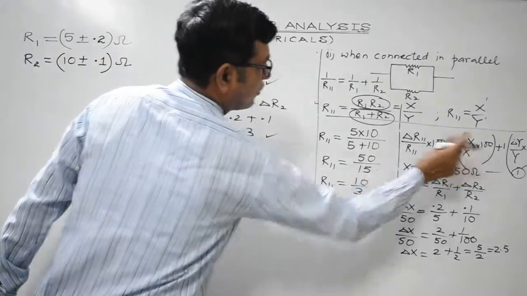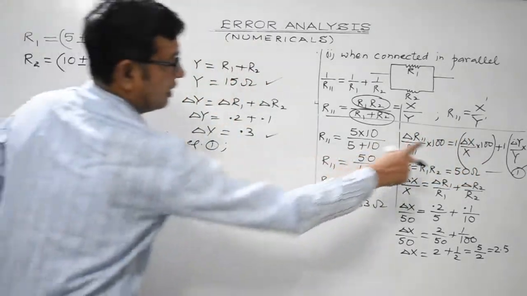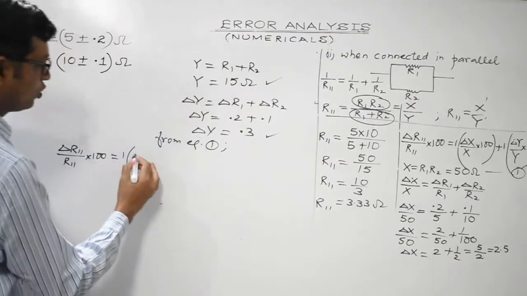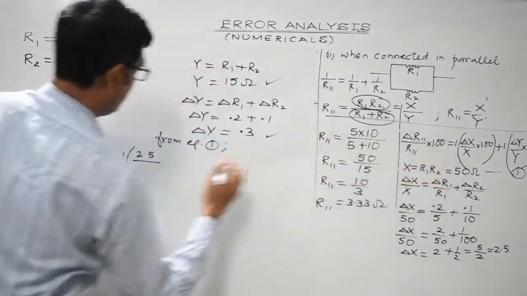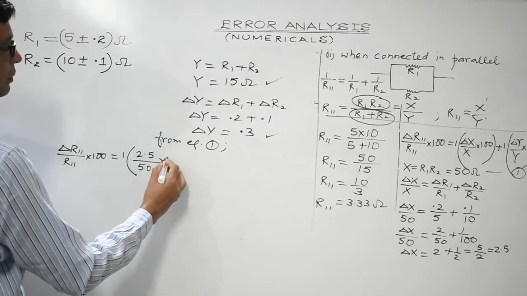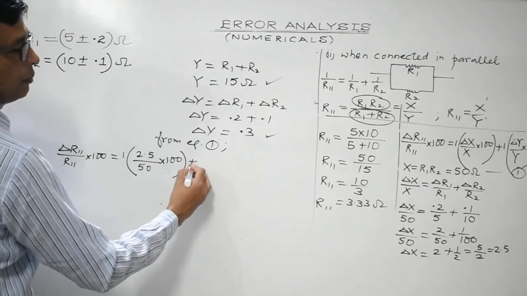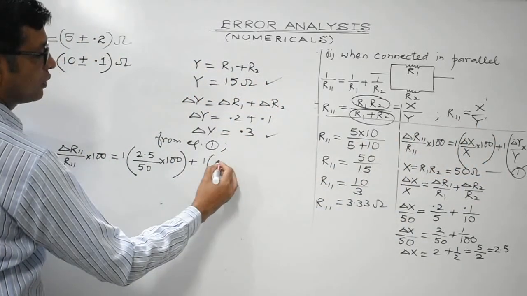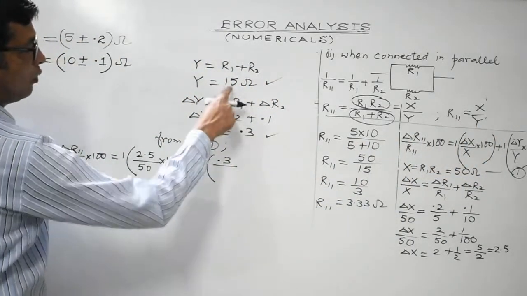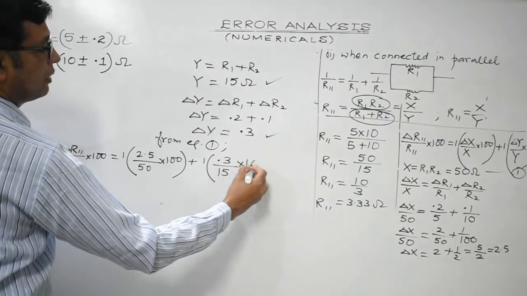It is given by this formula. Let's substitute the values. Del x is 2.5 divided by x, which is 50, multiplied by 100, plus 1 times del y, which is 0.3 divided by y, which is 15, multiplied by 100.